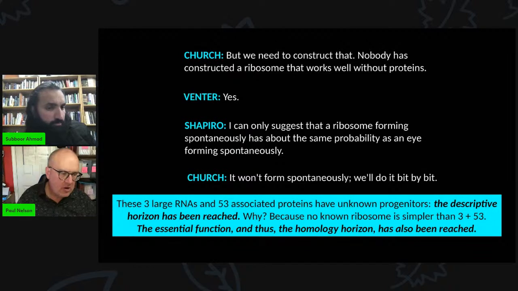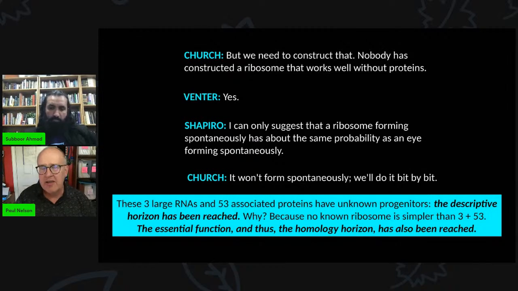Shapiro was a well-known skeptic of origin of life research, even though that's what he himself did. He built a reputation as a kind of village gadfly about the work of his colleagues in the origin of life field. He said, look, it's just not going to happen. You are not going to form a ribosome spontaneously. That would be like an eye just coming together spontaneously.